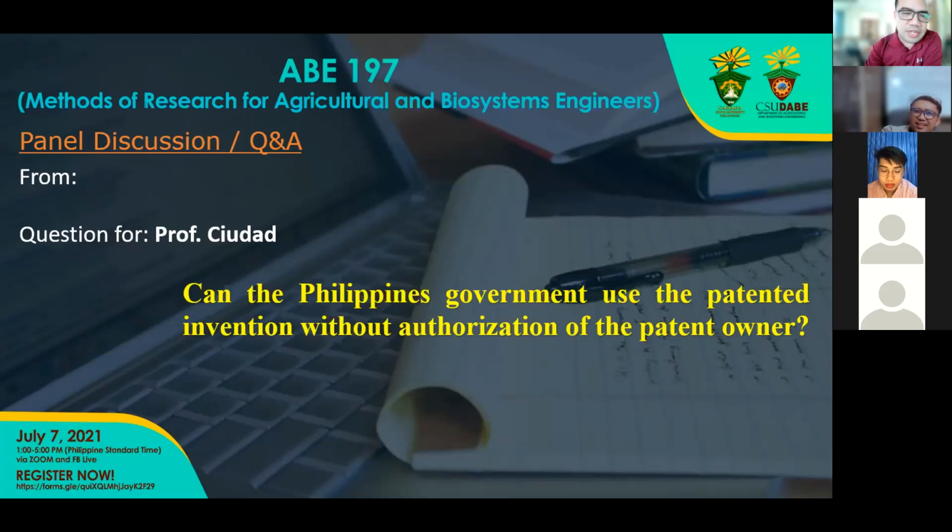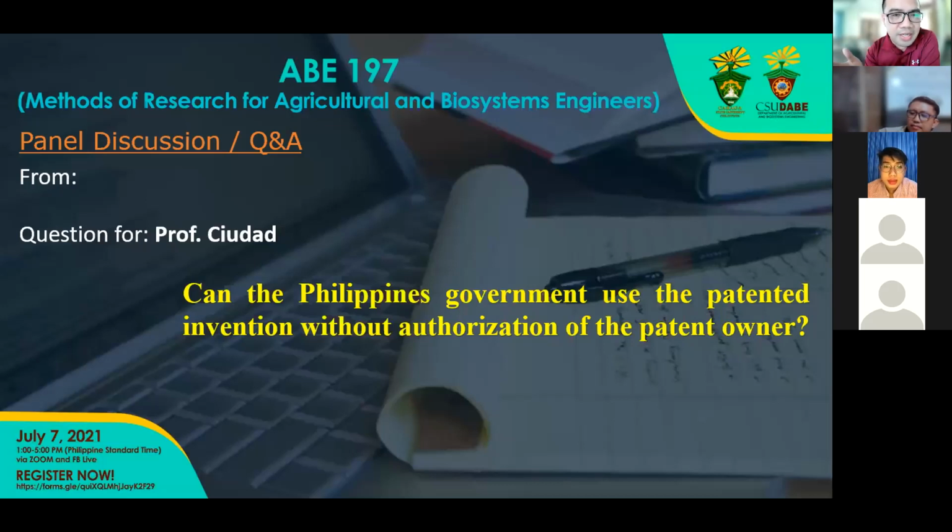So this is a very good question, because maybe she has an idea about the government taking advantage of the patent. I just want to add that based on the IP Code of the Philippines, Section 41, I think the Philippine government actually can get the patent and make use of it.